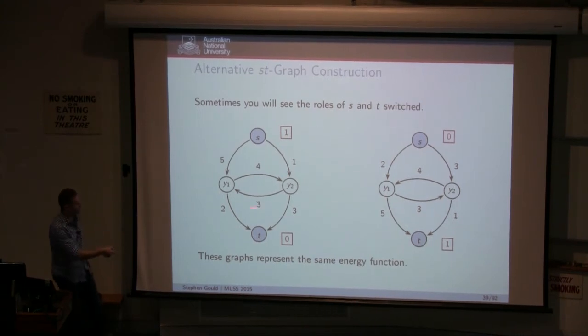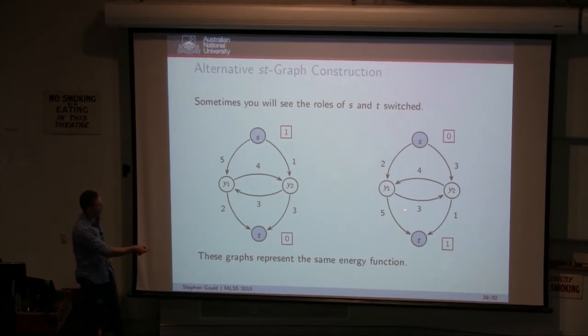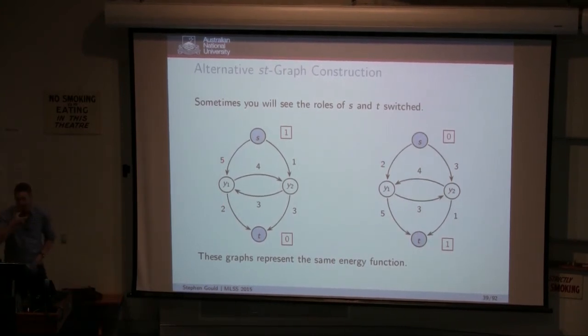So these two graphs actually represent exactly the same energy function. You can see the only thing that's happened is the direction of the arrows between the nodes has switched, and the weights of the edges from the terminal nodes, S and T, have flipped. So 2 here and 5 here versus 5 here and 2 here. Otherwise, exactly the same.